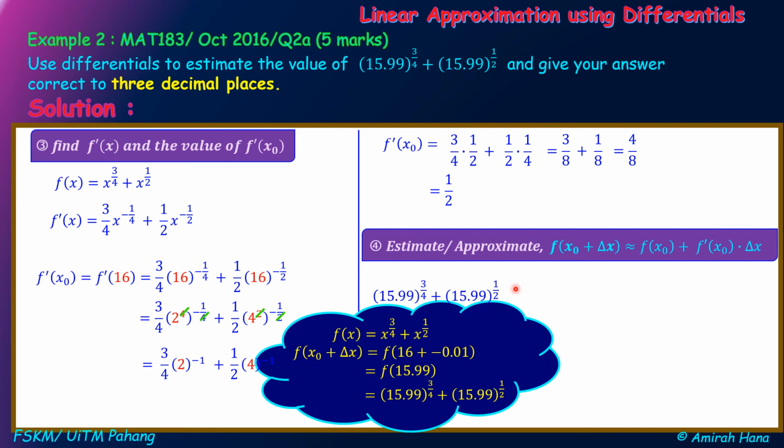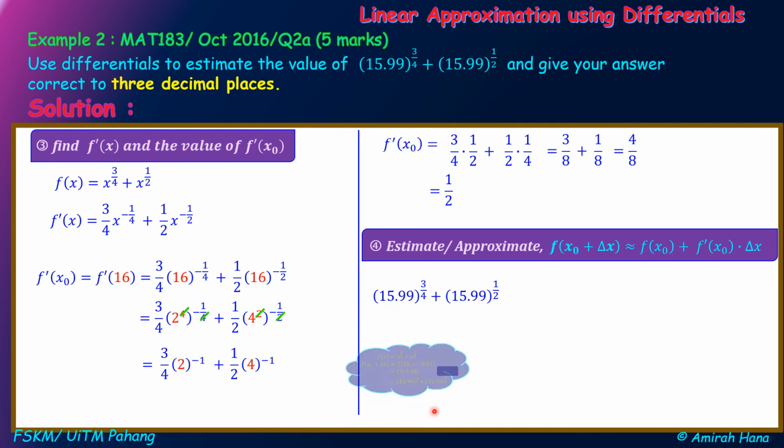That's why we can write the left hand side of the formula equals the given question, because f of x naught plus delta x here means the given question. So the given question will approximate to the right hand side of the formula, which is f of x naught plus f prime x naught times delta x.